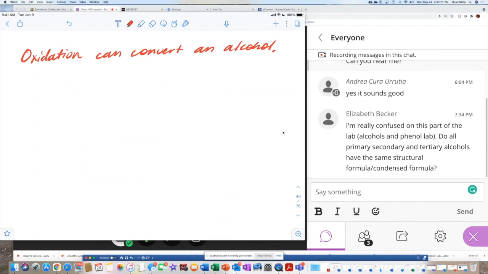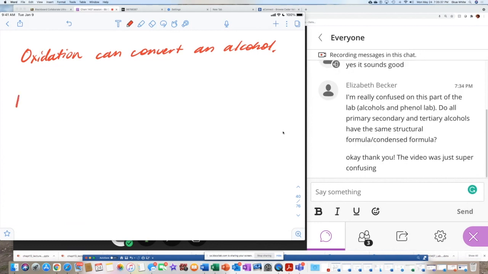Okay. Yeah, they do have different structural formulas, but primary alcohols can be oxidized. Secondary alcohols can be oxidized. Tertiary ones cannot. Okay. So I'll start with this one here. Primary alcohols can be oxidized twice, and they go through two levels of oxidation.